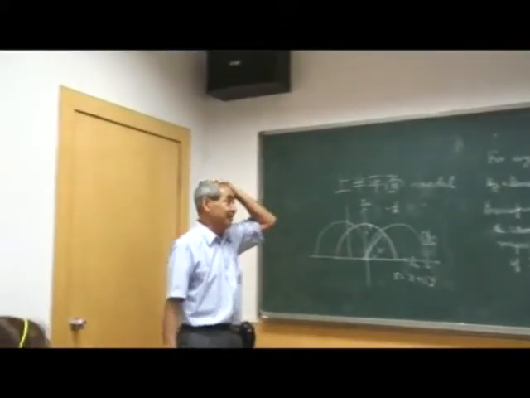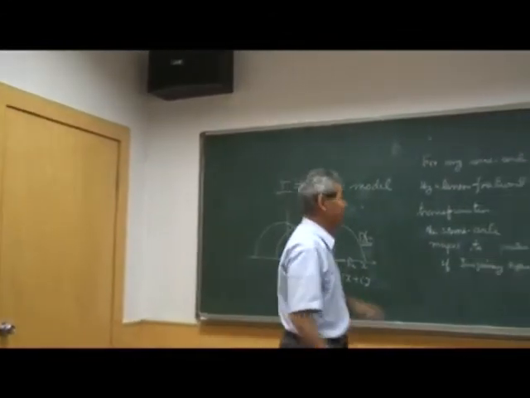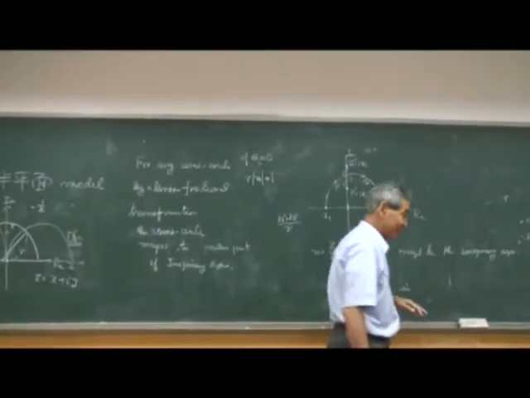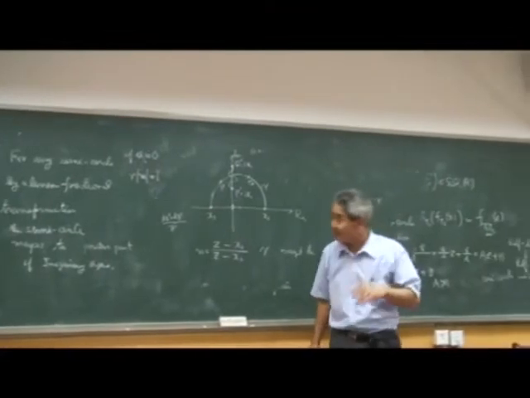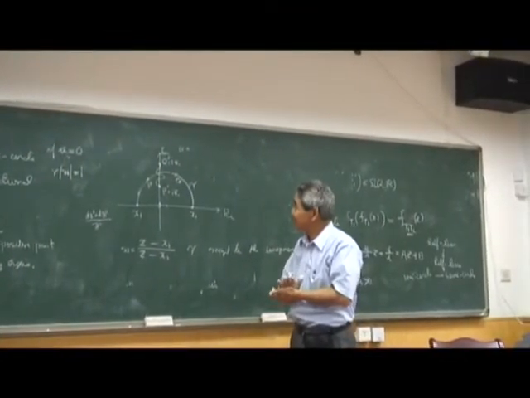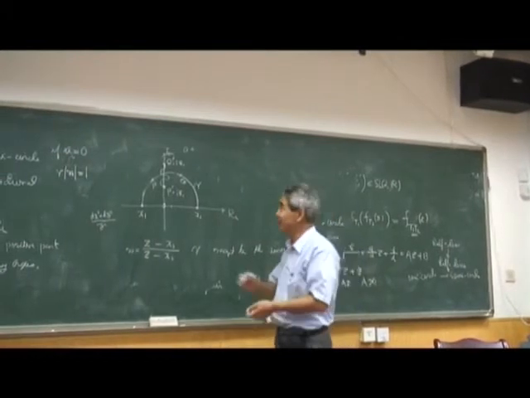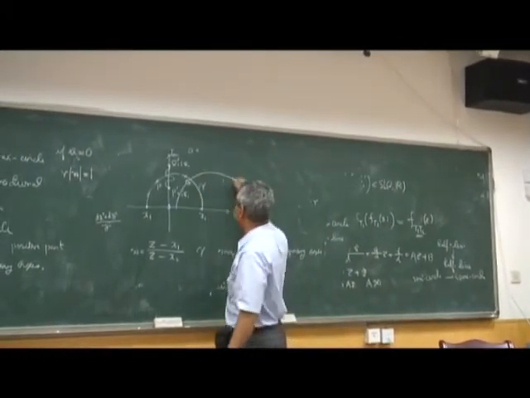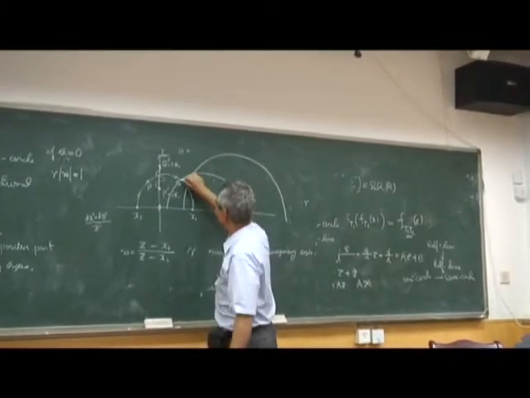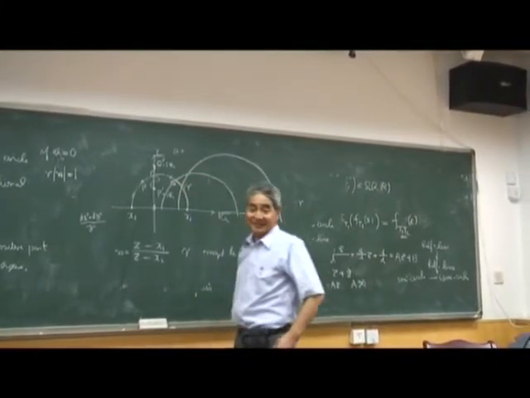Okay. And now you can play with many interesting things. For example, if you calculate the angle of the triangles, a triangle is now given by these curves. So this is a triangle. Okay?